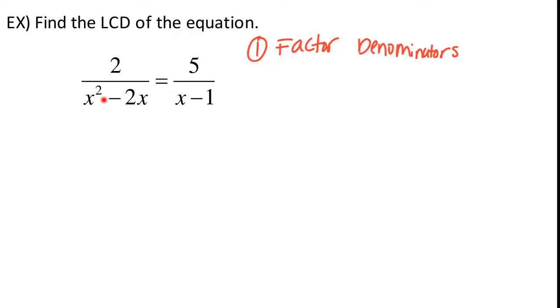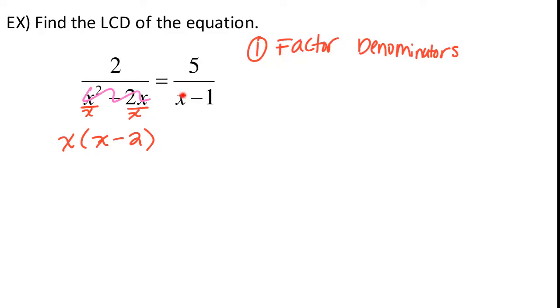I have an x GCF, so I can factor out an x. And when I factor out an x, x squared divided by x just gives me x, minus 2x divided by x, the x is canceled, so that's just minus 2. So this denominator now goes away. I'm replacing that with x times x minus 2.